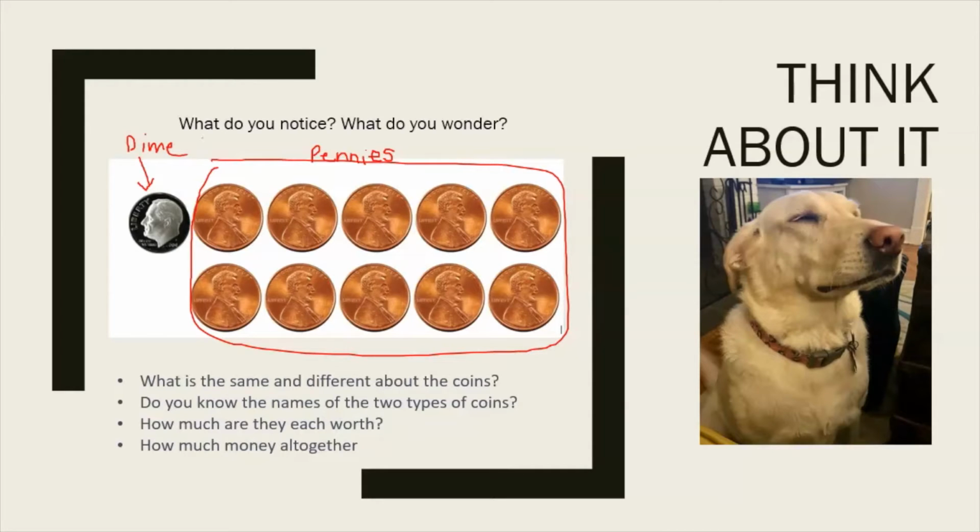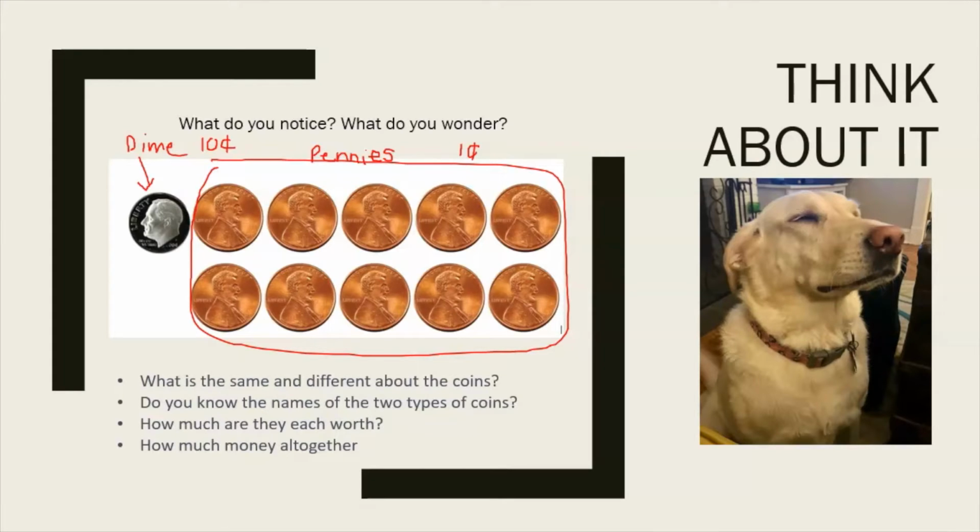I know a dime is the same as 10 cents. And a penny is worth 1 cent. What's the same and what's different about these coins? I know they're different values.